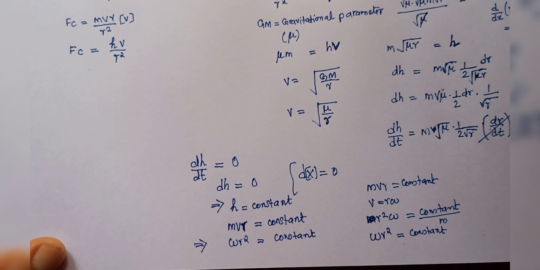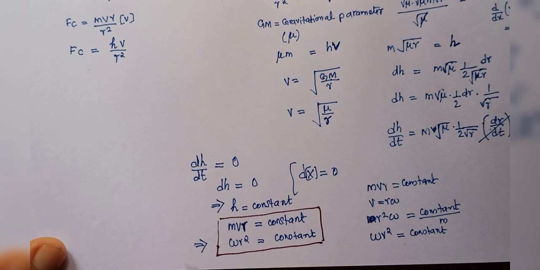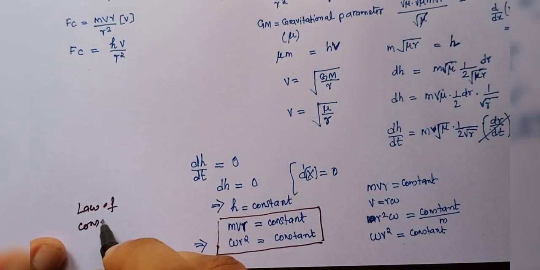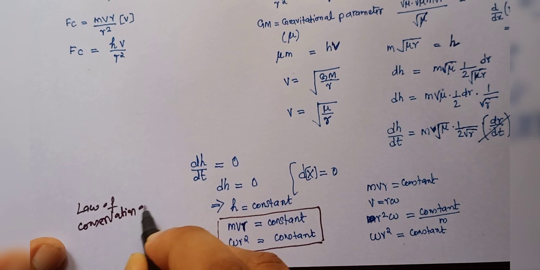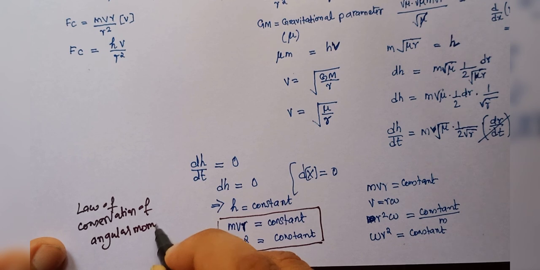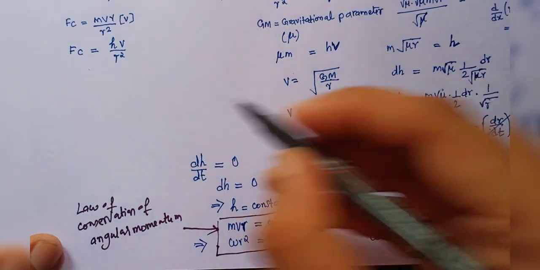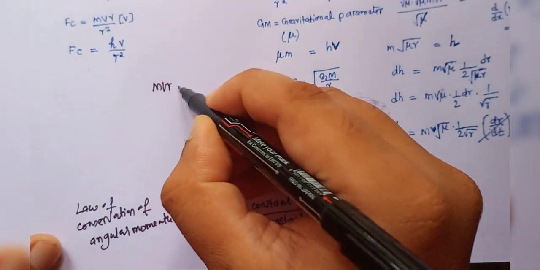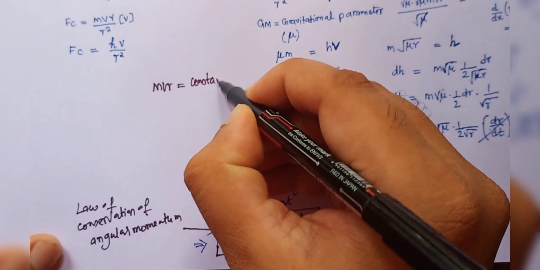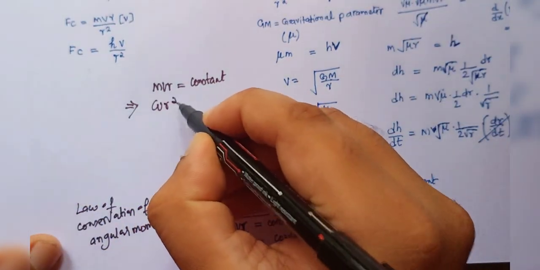Okay, so this is called the law of conservation of angular momentum, and we write m v r is going to be a constant, which also yields me omega into r square is again a constant.